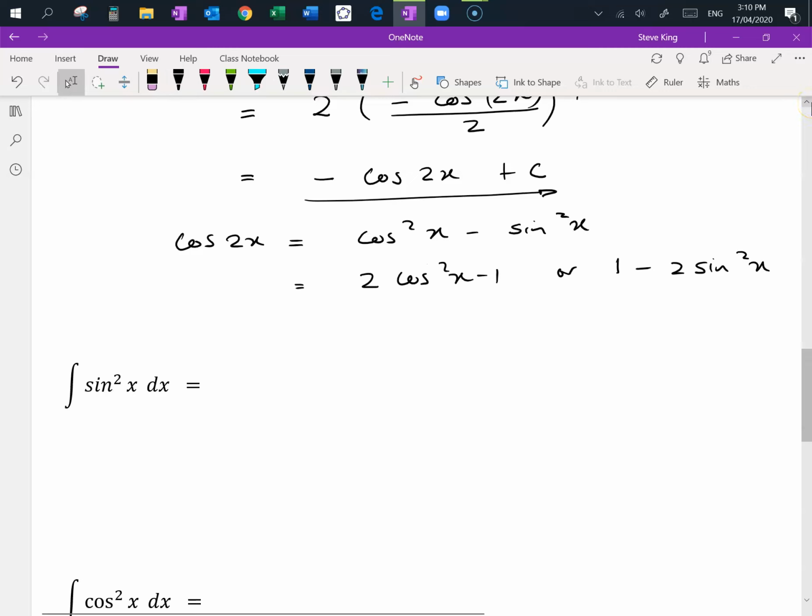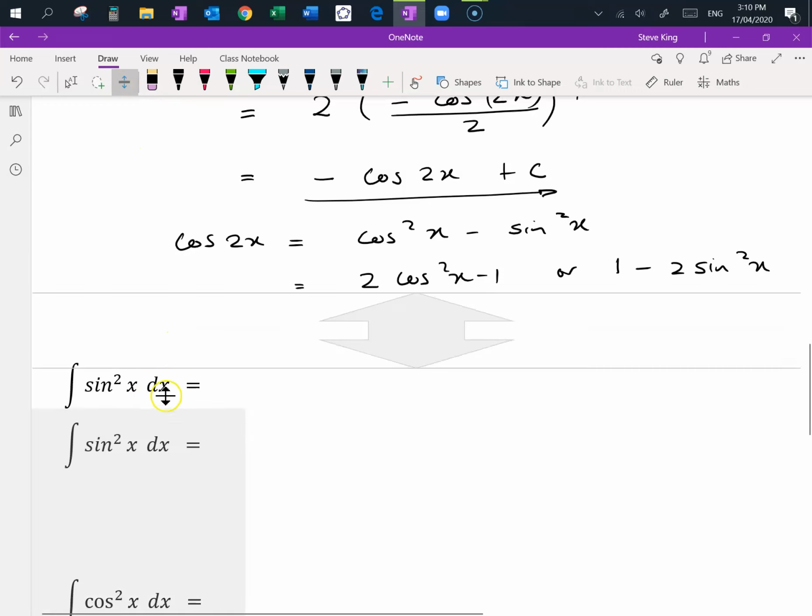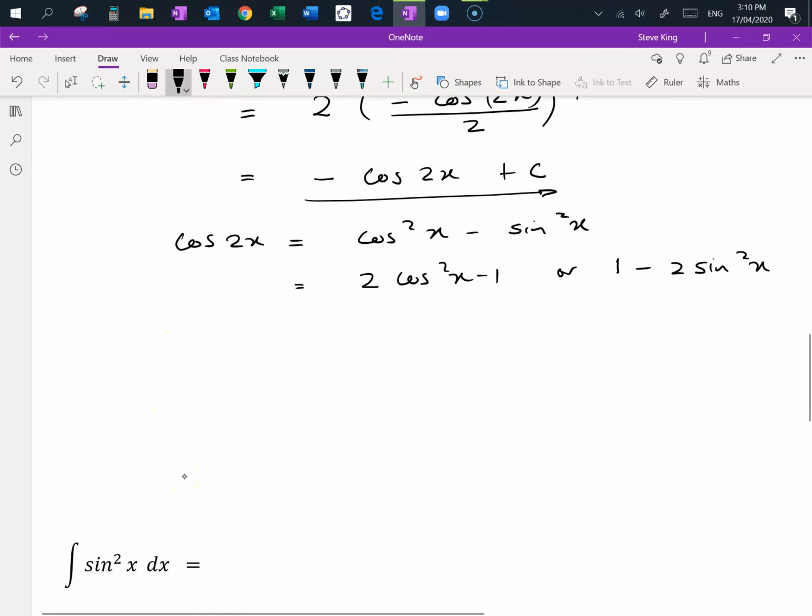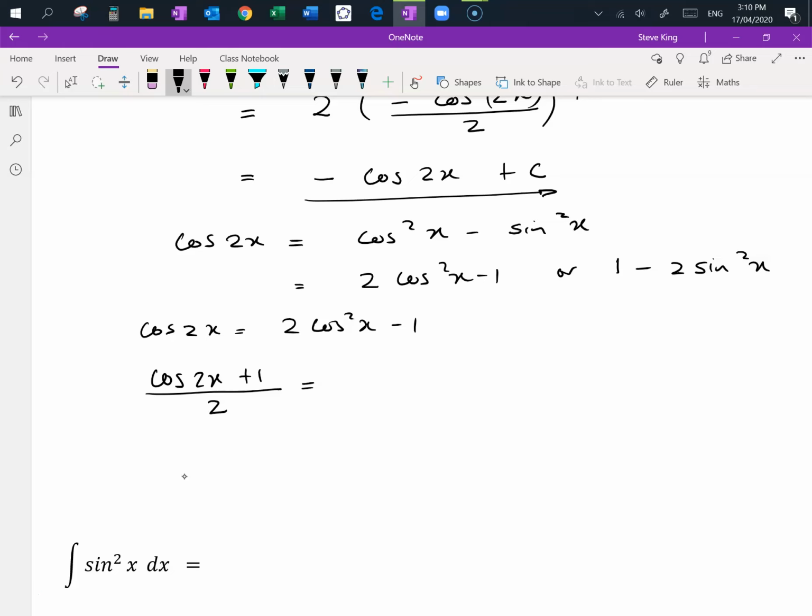And that means we can rearrange this in 2 different ways. So I've got that cos 2x is equal to 2 cos squared x minus 1. And if I rearrange that, I get cos 2x plus 1, all divided by 2, and that's going to give me cos squared x.